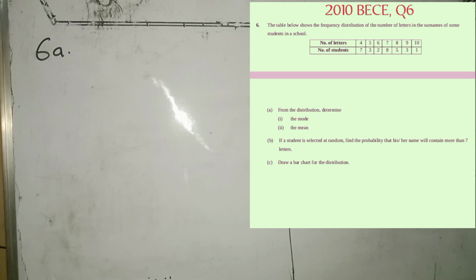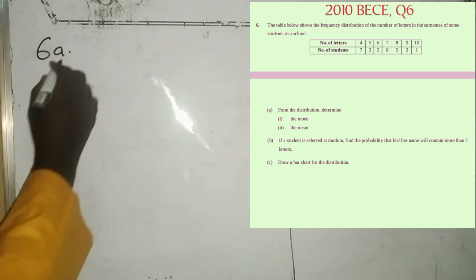Now the highest frequency, which is 8, is not actually the mode. So you will now trace it to its corresponding number of letters, or its corresponding observation, and you can see that the number of students, which is 8, corresponds to 7 in the data. So therefore the mode will be 7. The mode will be 7.